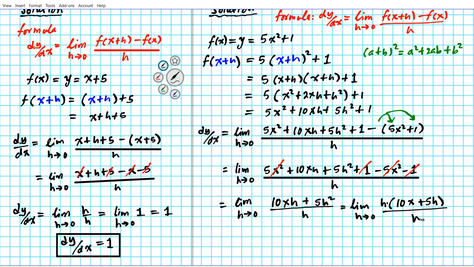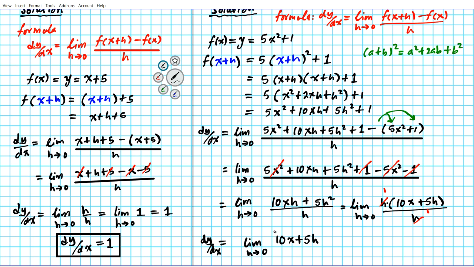We can now divide out that h in the denominator with this h that we just factored out. Those two divide out. And now we're left with a limit evaluation problem. So the derivative is now going to be the limit as h approaches 0 of 10x plus 5h.